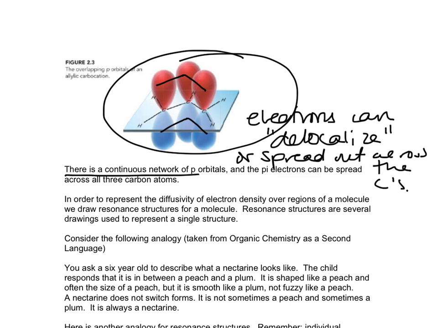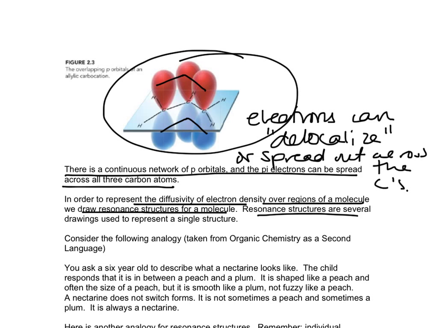So it's a continuous network of p orbitals, and the pi electrons can be spread across all 3 carbon atoms. In order to represent this diffusivity of electron density over regions of a molecule, we need to draw resonance structures for a molecule. And so resonance allows us to use several drawings to represent a single molecule.